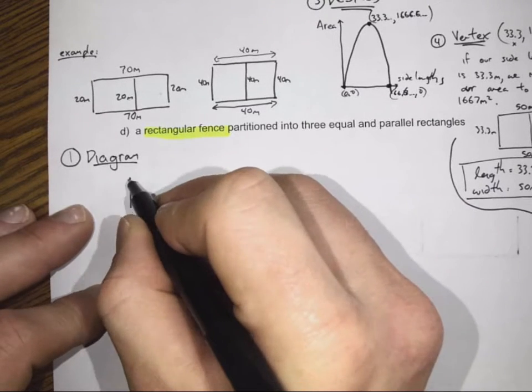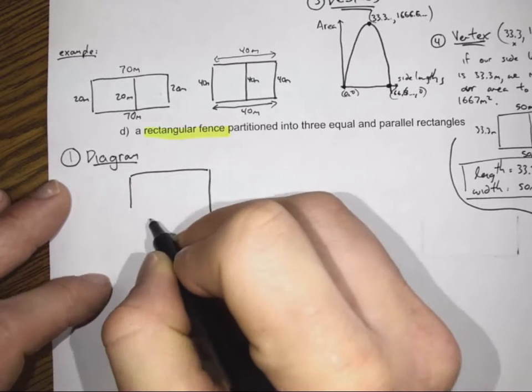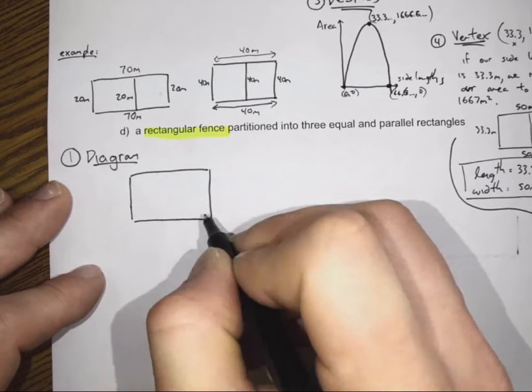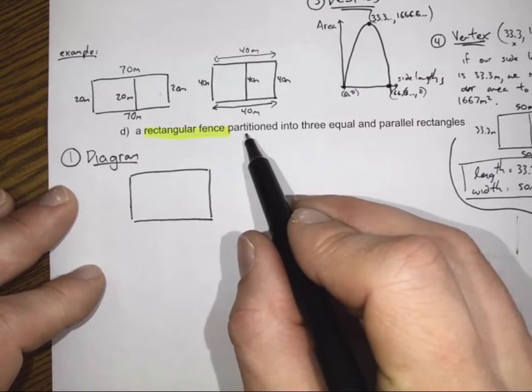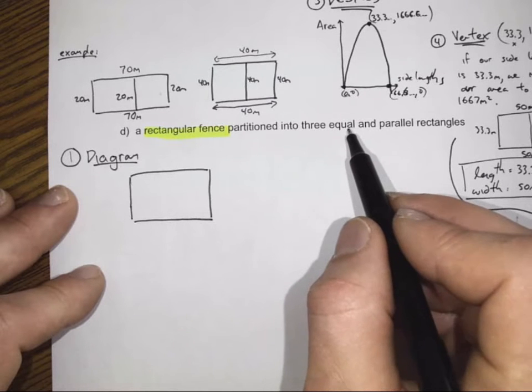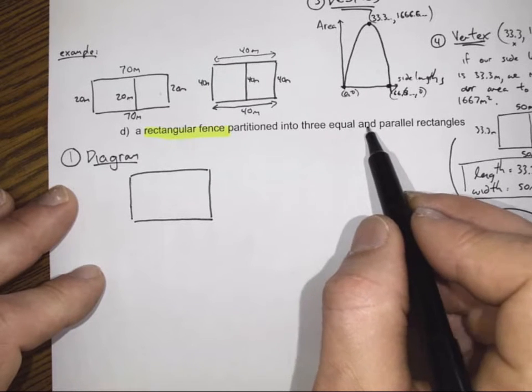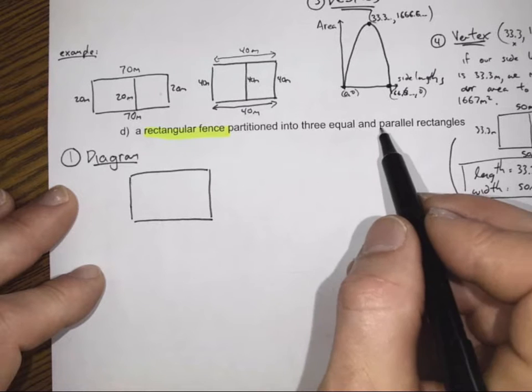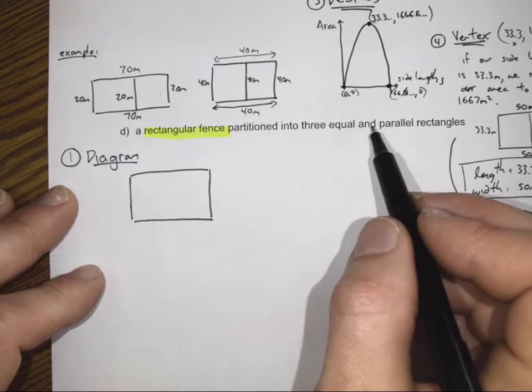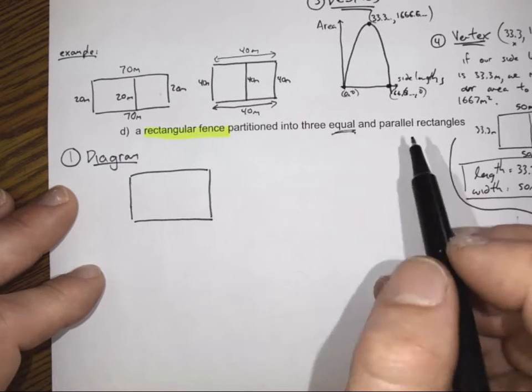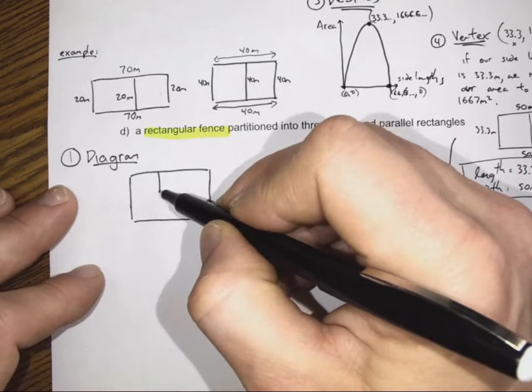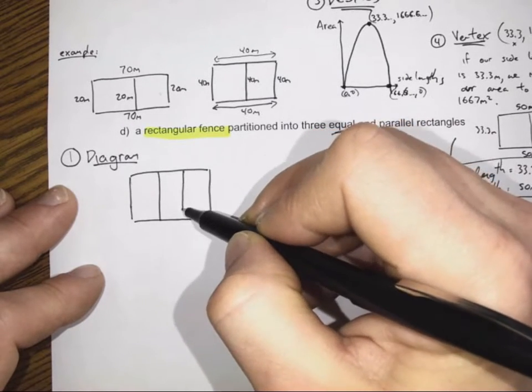All right, something like this. And then I'm going to partition or split it into 3 equal parts. And the parts are all going to be rectangles. So they're going to be equal rectangles. It's going to look something like this, like a tricolor flag.